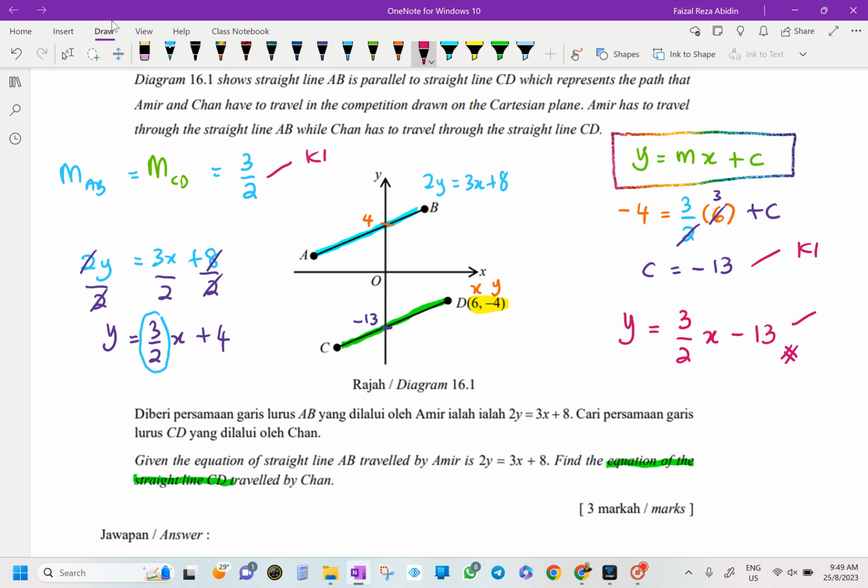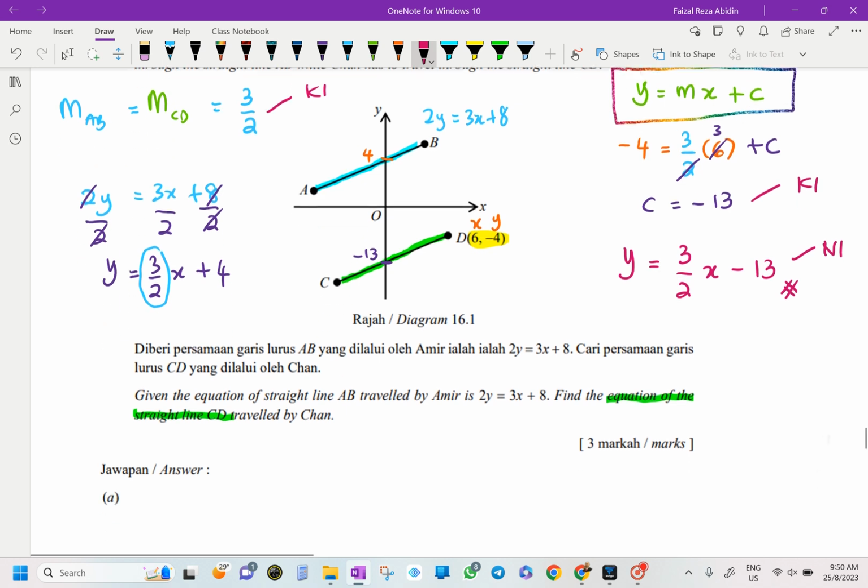And the final mark is for your equation. If the substitution is correct, then how come you get it wrong? We look later. Any question? No. Sir, recess. Okay, one recess.